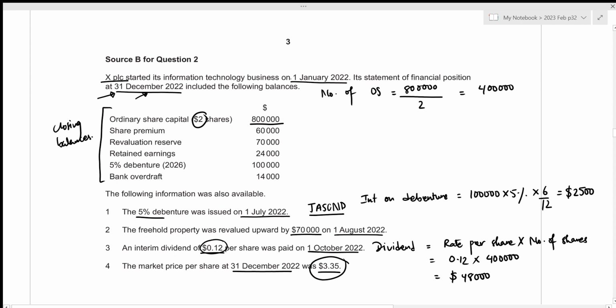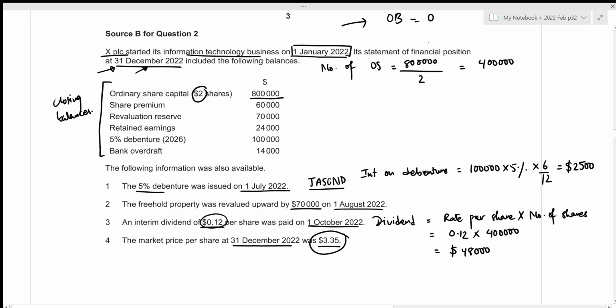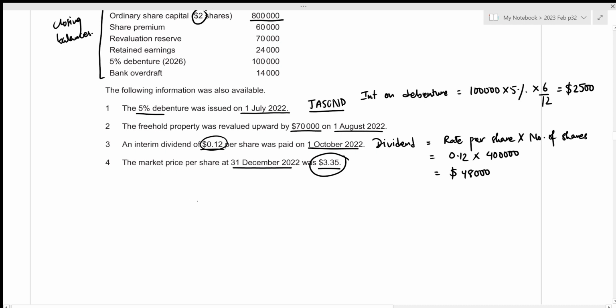We were told that XPLC started its information technology business on 1st January 2022. So this is its first year of operation, which means that all of the opening balances will be 0. Now let's prepare just the column of retained earnings from our statement of changes in equity. We first have our opening balance, then we subtract all of our dividends paid, add the profit for the year, and then figure out our closing balance. Since this is the first year of operation, our opening balance is going to be 0.